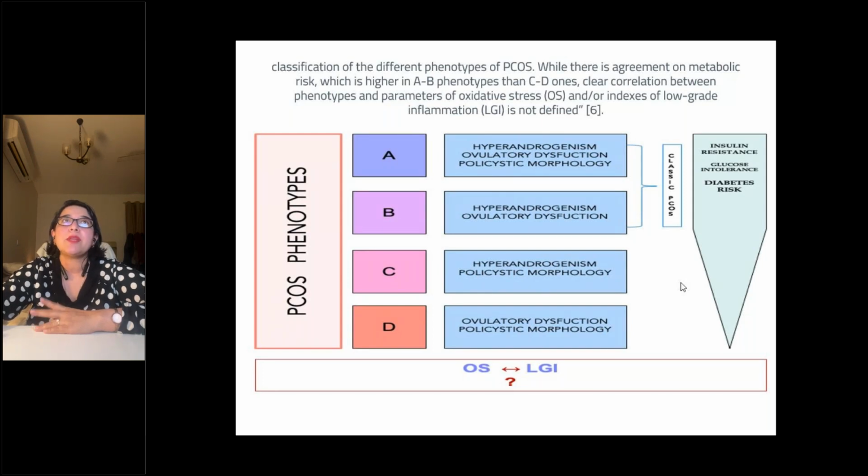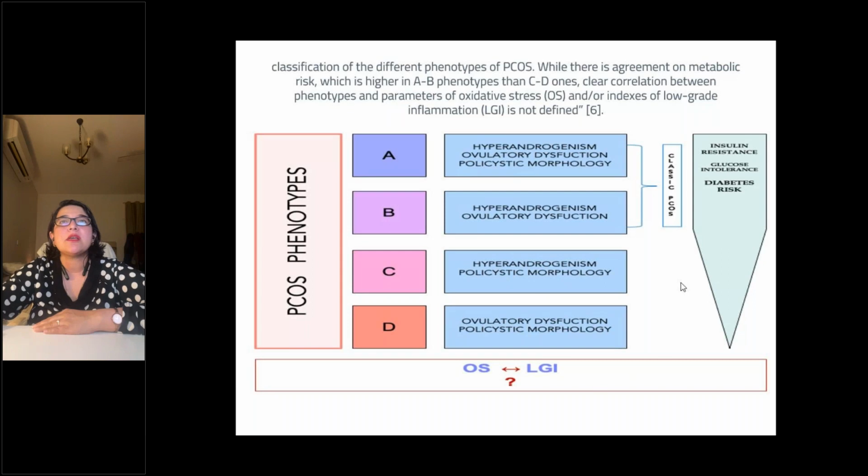Nowadays, due to the research criteria in endocrinology, the European Society of Endocrinology has defined PCOS into 4 phenotypes: A, B, C, and D. The more prevalent are phenotypes B and C. Phenotype A is defined as hyperandrogenism plus ovulatory dysfunction and polycystic ovarian morphology, which is 15 to 20%.